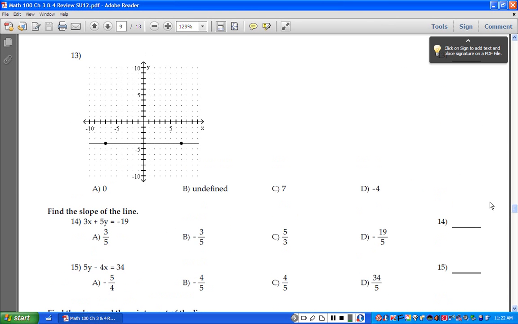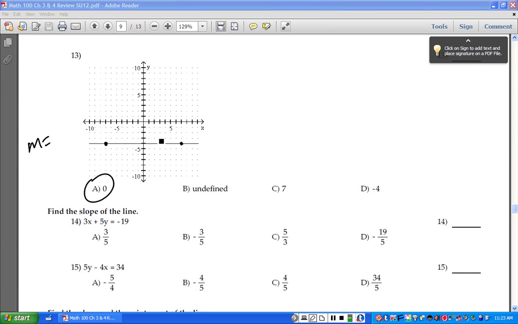13. Alright, it's a horizontal line. And we know horizontal lines have a slope of 0. But just to prove it, slope is rise over run. So if I'm going from one point to another point, to get from this point to this point, I can't go up, I can't go down.